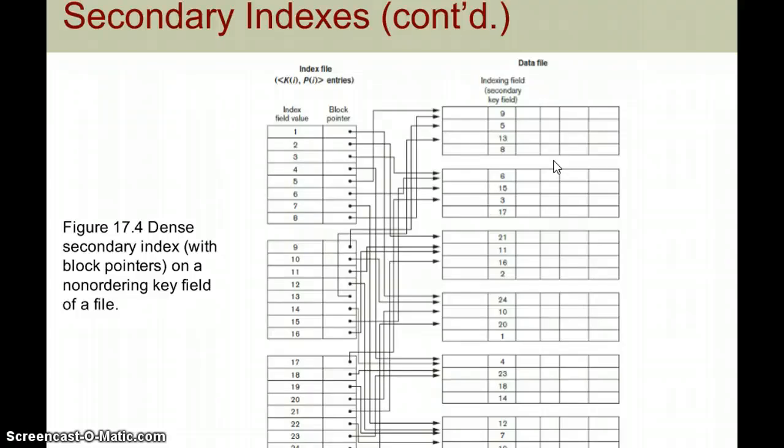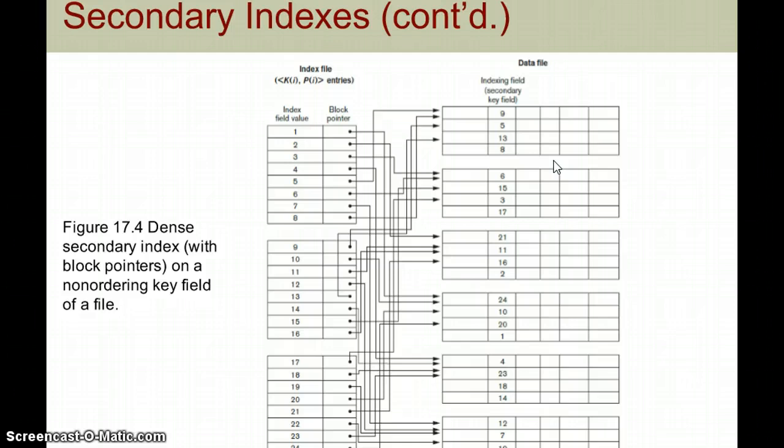So this is the main difference between primary indexing and secondary indexing. The second criteria is that the indexing field may be a primary key field or a candidate key field or a non-key field.